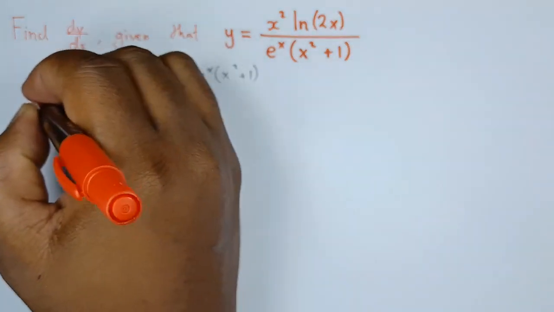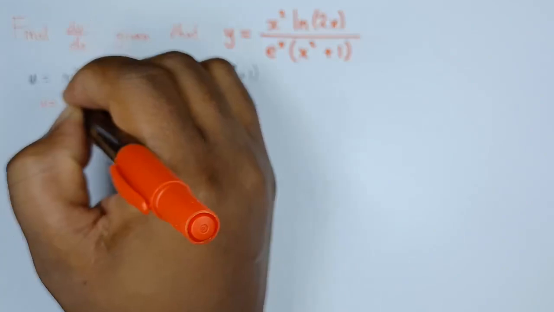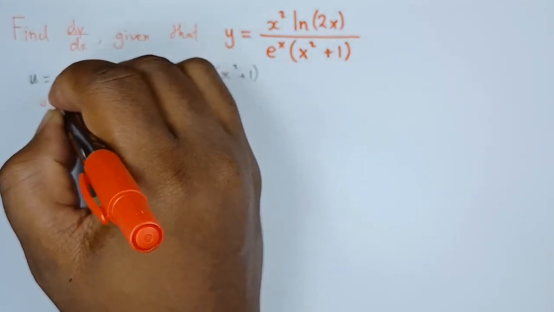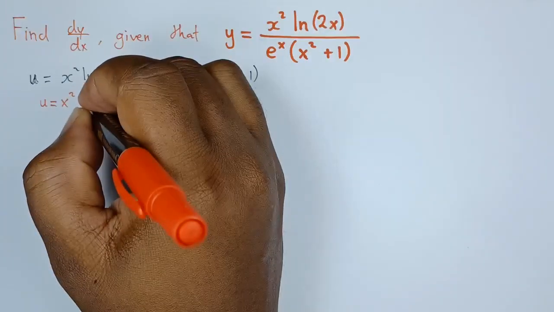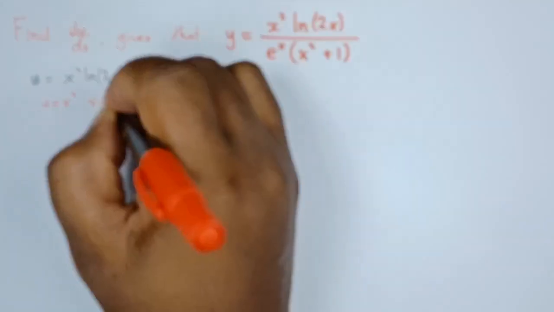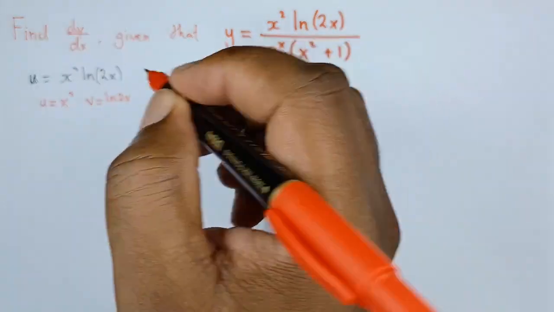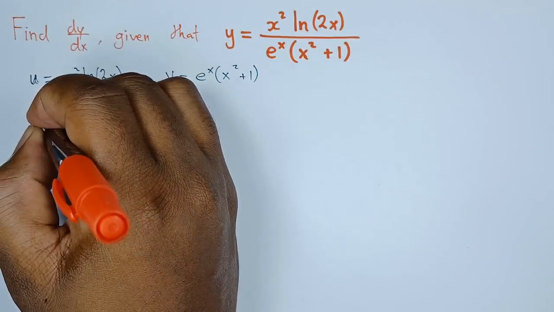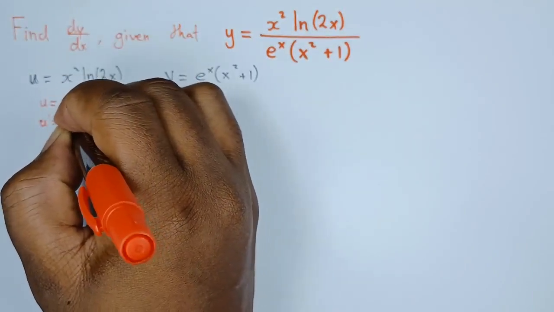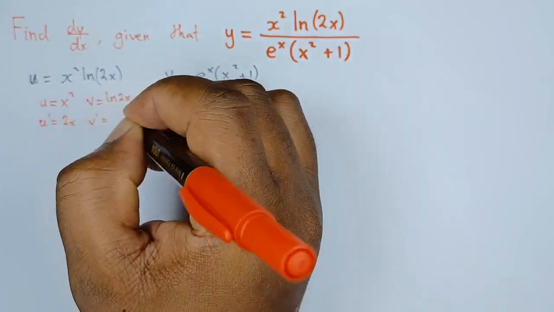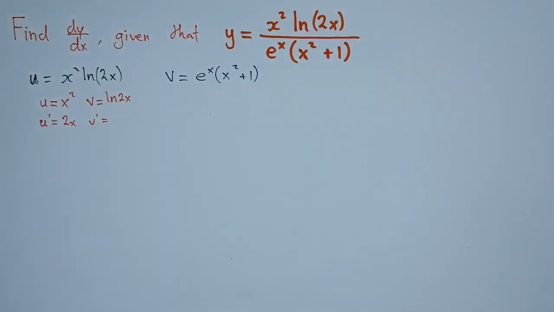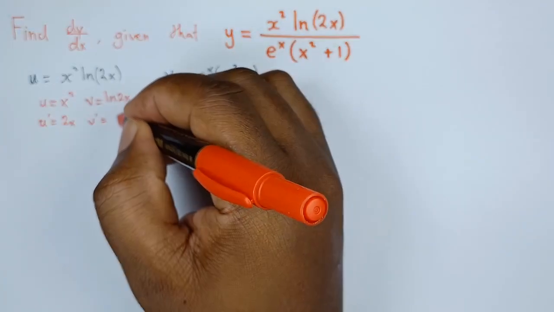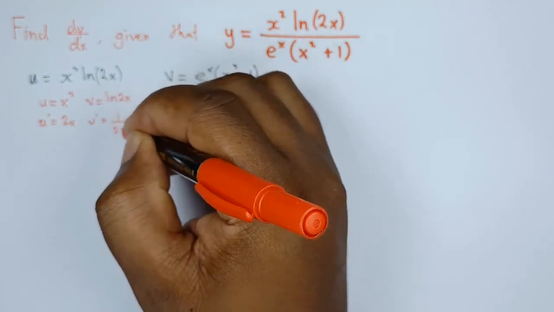So for these two, the first function, let's call it u again, so x squared. I'm using a different color to differentiate. V is ln 2x. Then u prime, in this case, is 2x. V prime is, so how do we differentiate this? The derivative of this will simply be 1 over 2x.